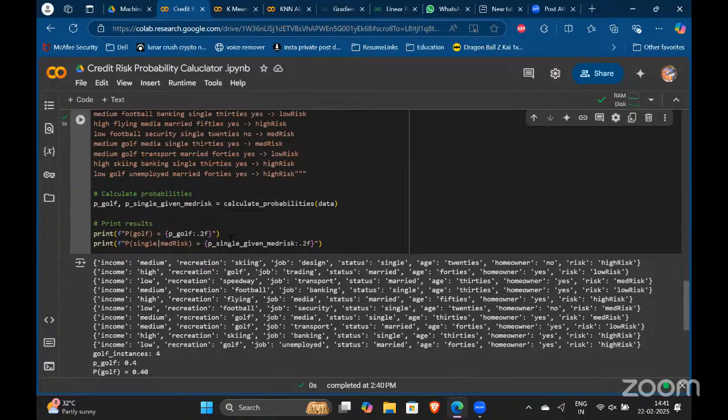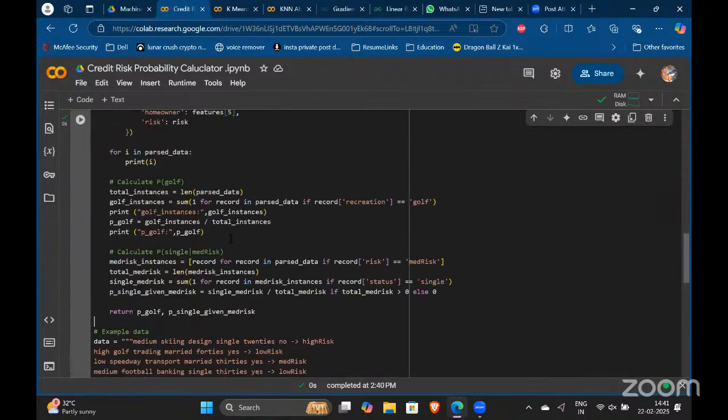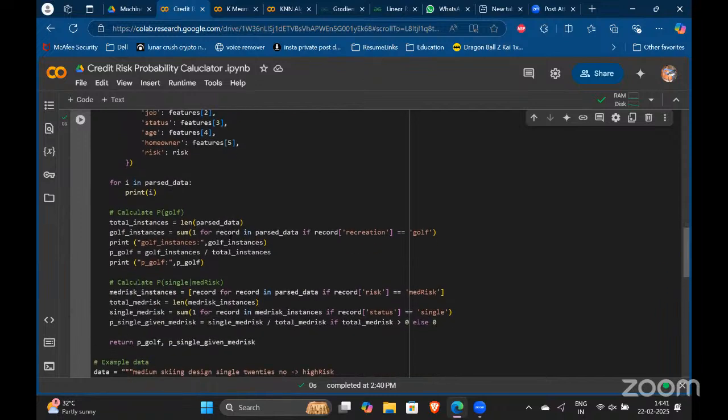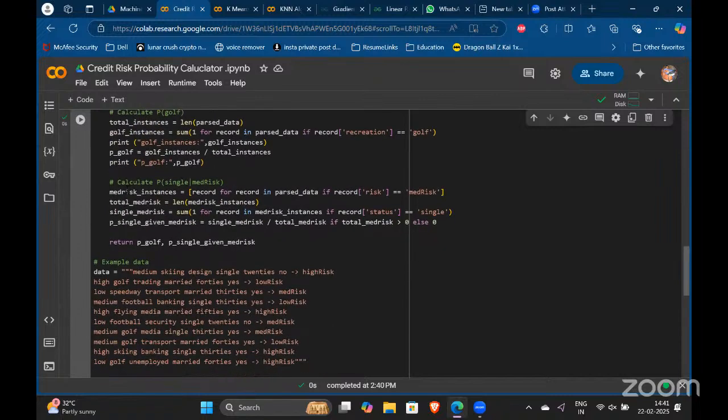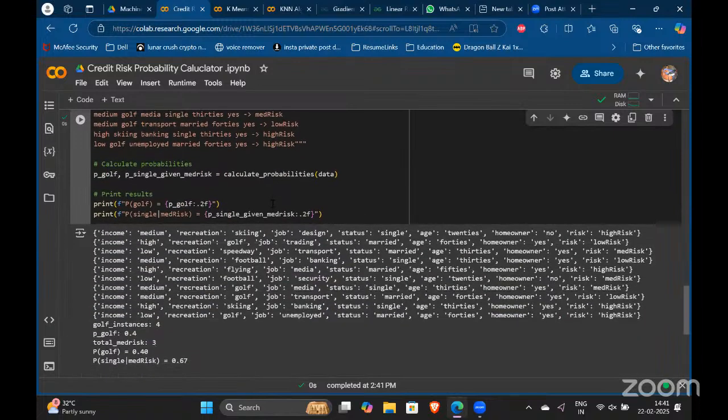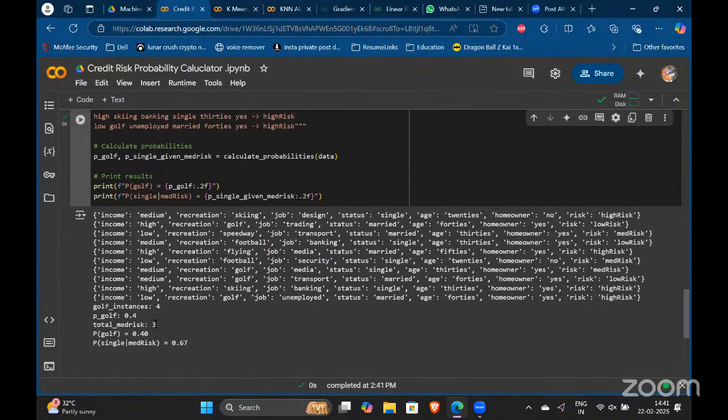Now, when it comes to the conditional probability, this is where we'll be applying the Bayes theorem. In this Bayes theorem, you can see the number of mid-risk instances, and we'll see how many there are. Total mid-risk instances are 3.